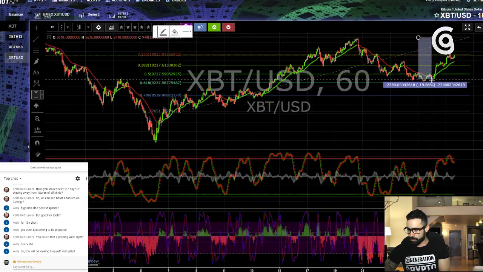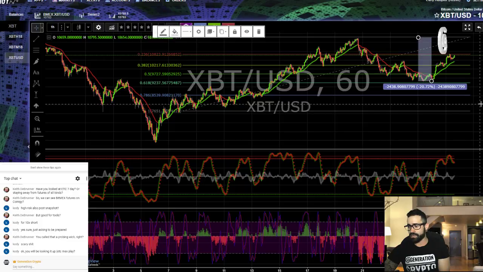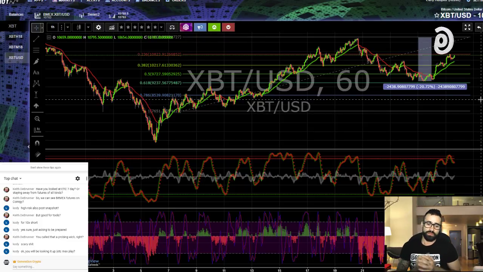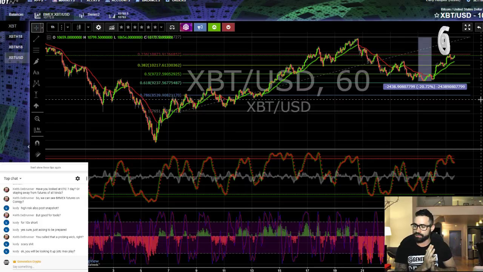One can pull out 20% on a really well-timed short, right? And that's multiplied by the leverage. So at 5x, that's 100%. At 25x, that's a massive exponential gain. So that's why I've been trading at 25x leverage.